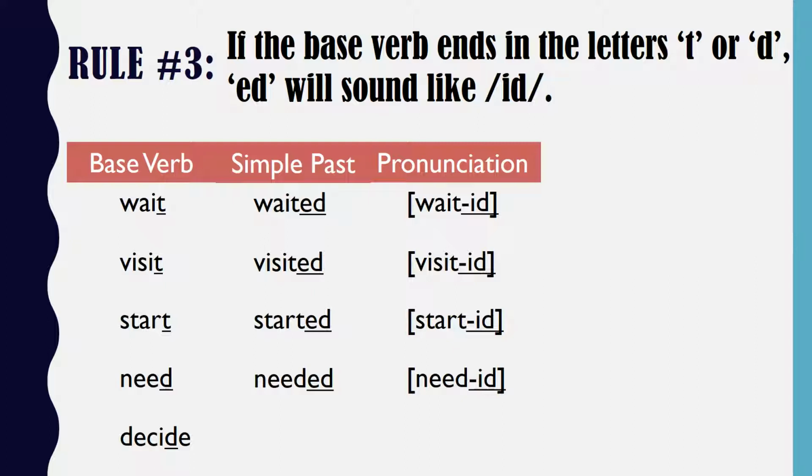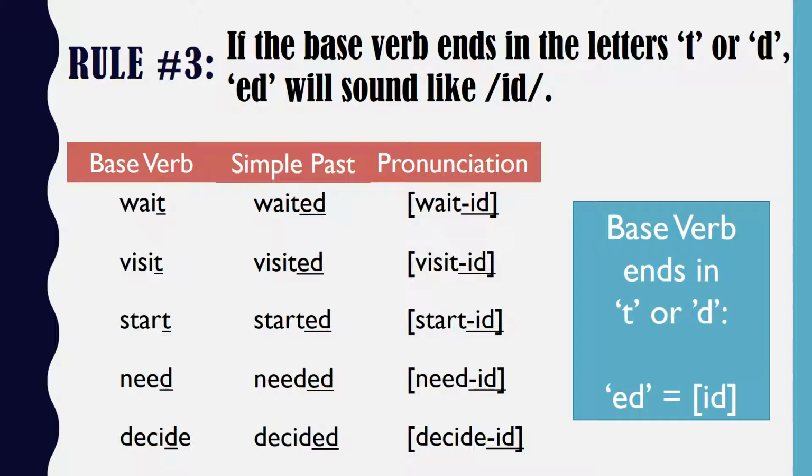Needed, needed, needed. And finally, decide has two syllables in its base form, and in its past form, it has three. Decided, decided, decided. So the third rule for past tense pronunciation is that if the base form finishes in a T or a D, the past tense pronunciation is an extra syllable, id.